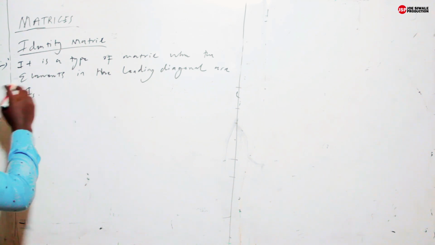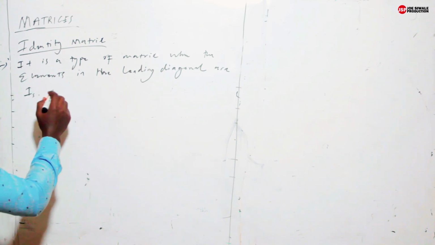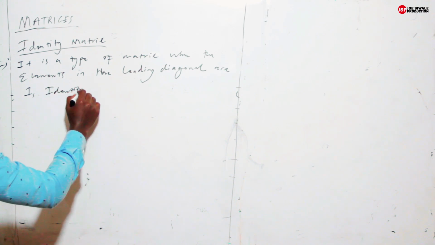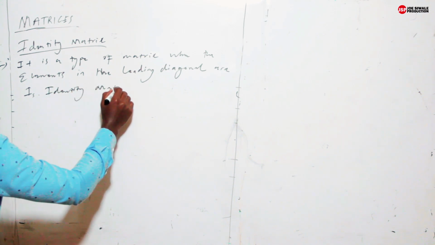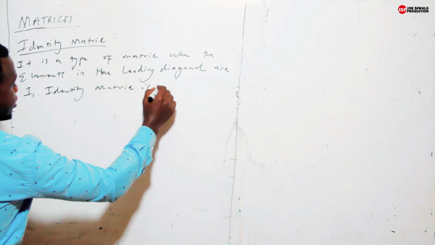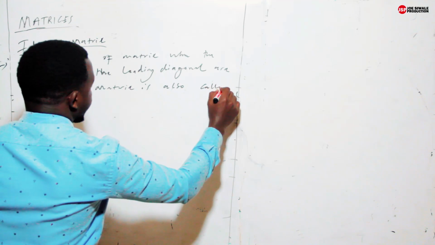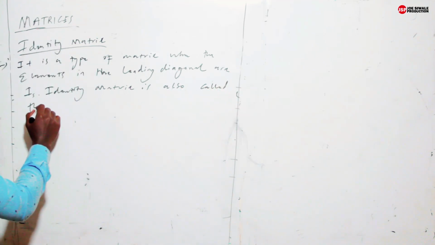Then I've said that the identity matrix is also called the unit matrix.